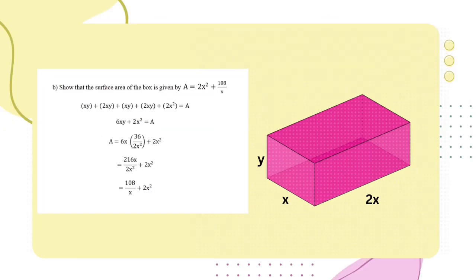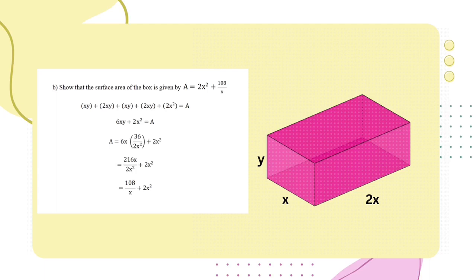Question B. Show the surface area of the box is given by A equal 2S squared plus 108 over S. For this question, we must calculate the area of each face and we have to add the areas together. So, A equal to, in front we have 2SY plus at back we have 2SY plus left side SY plus right side SY and lastly plus top and bottom 2S squared.